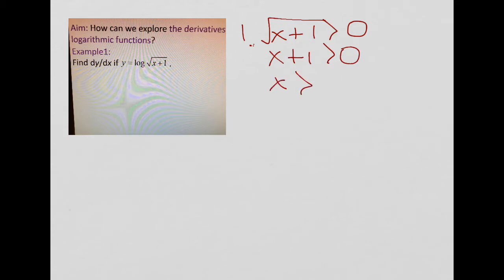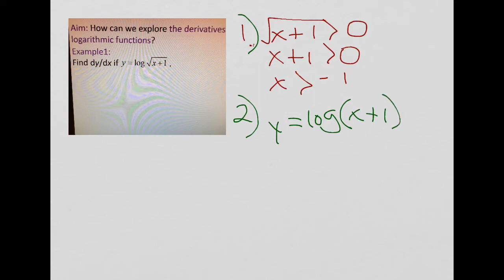So x has to be greater than -1. This is actually needed in part of our derivative. Now, if it's just x, you don't need to do step 1, but it's a good habit to have. Step 2, rewrite your logarithm. When there is no e or 2, then it's a common log. It has a base of 10.